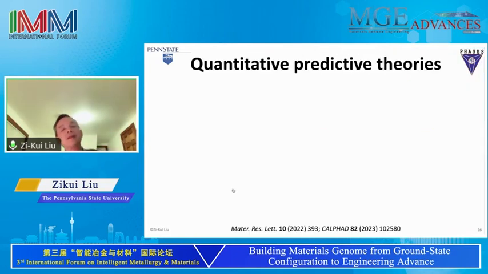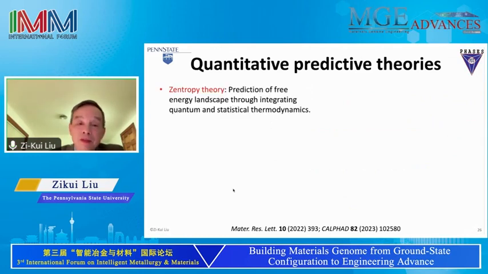I want to close my talk by mentioning that we now have quantitative predictive theories without fitting parameters, except for the DFT calculations. But DFT itself is not sufficient. We have to put statistical mechanics together, integrating quantum and statistical thermodynamics.